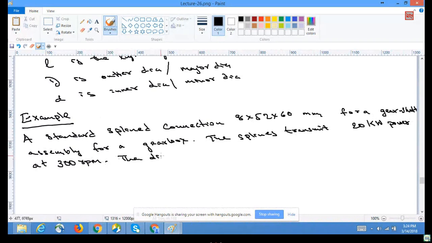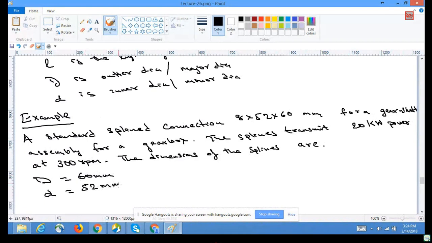The dimensions of the spline are major dia 60 mm, minor dia 52 mm, number of splines 8, permissible normal pressure is 6.5 Newton per mm square, and the coefficient of friction is 0.06.